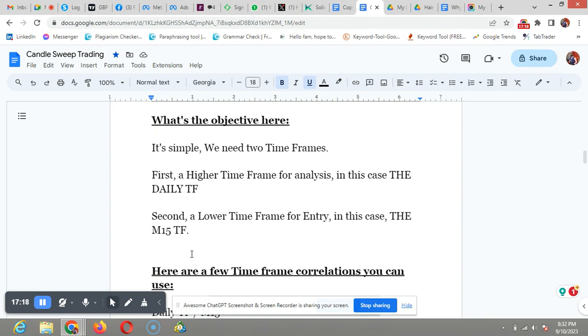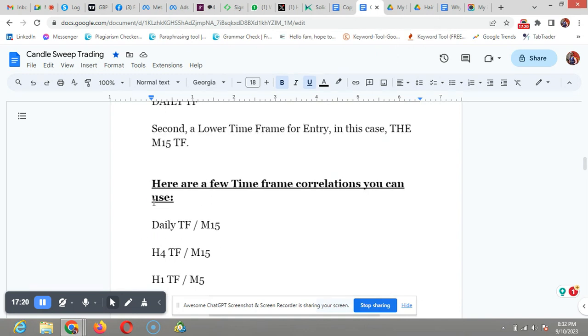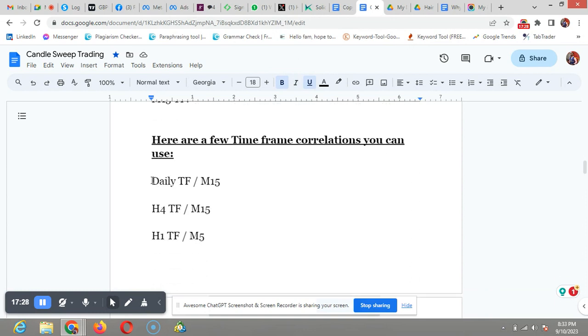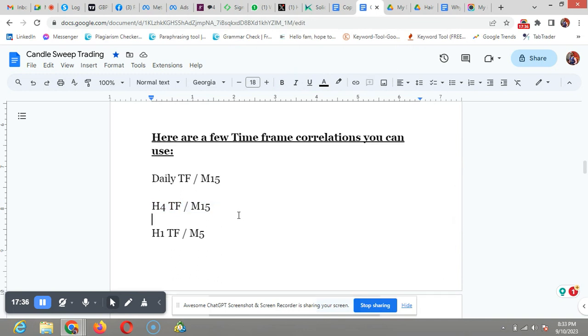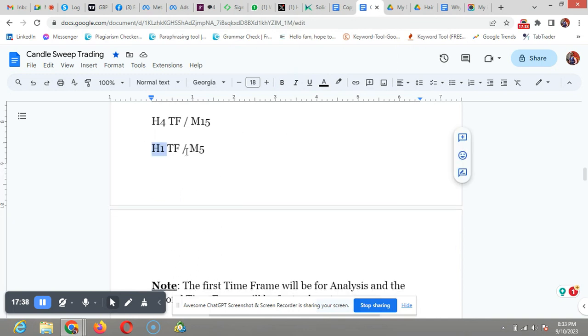All right, let's go. I already explained this. Here are a few time frame combinations you can use. You can use the daily time frame for analysis and M15 for entry. You can use the 4 hour time frame for analysis, and also use the M15 for entry. And you can also use the 1 hour time frame for analysis and M5 time frame for entry.